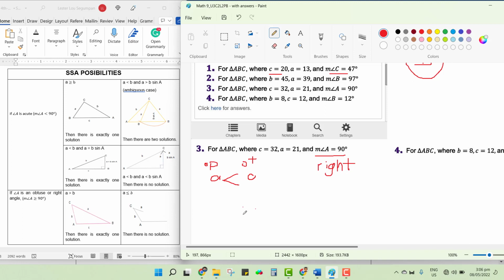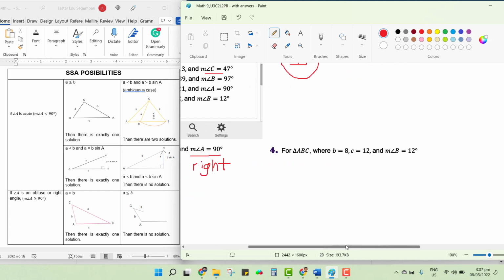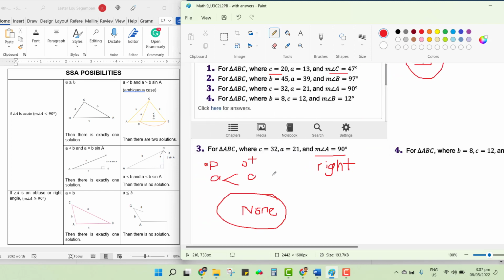Therefore, there can be none. There is no triangle that can be formed here. Again, I'm going to show you the possible situation in GeoGebra later. By the way, in number three, there is no triangle. Therefore, if this appears in our next practice exercise, then we cannot solve the rest of the measurements.